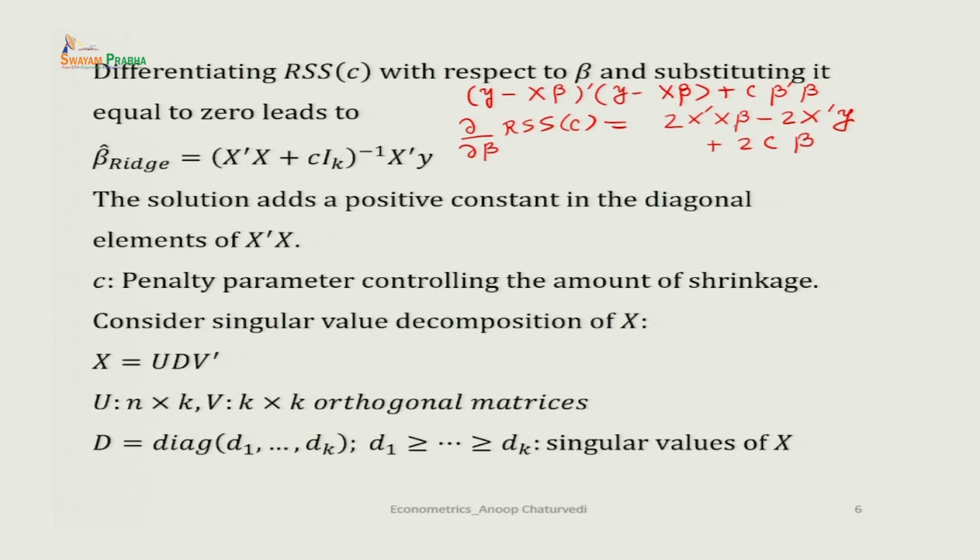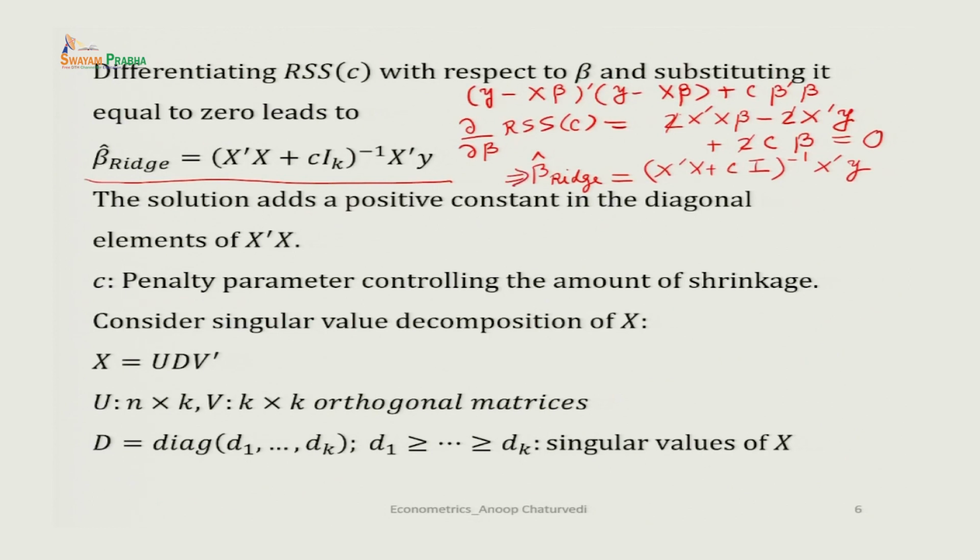Then we replace beta by the Ridge regression estimator, set it equal to 0, solve it for beta, and write the final solution as beta hat Ridge. The 2 will cancel out, and you get (x transpose x plus C times the identity matrix) inverse, times x transpose y. So, this is the expression for the Ridge regression estimator.